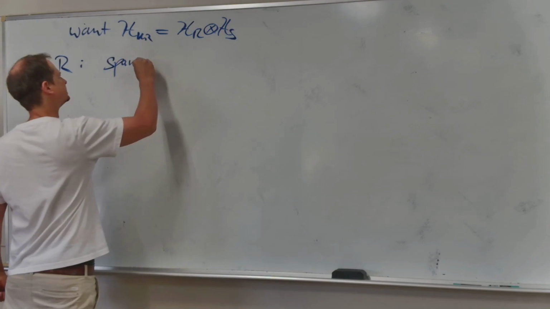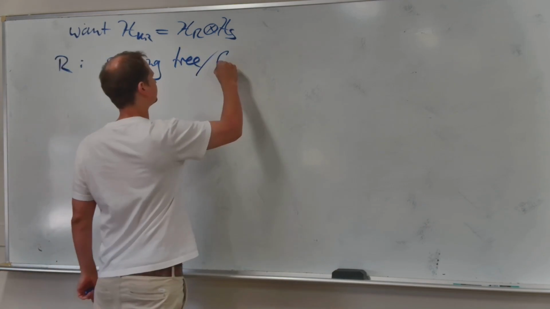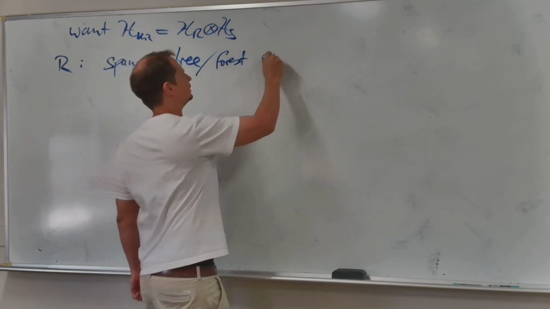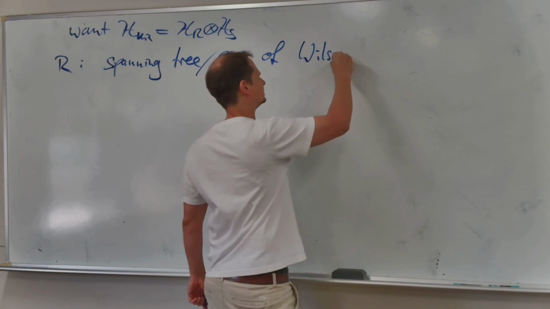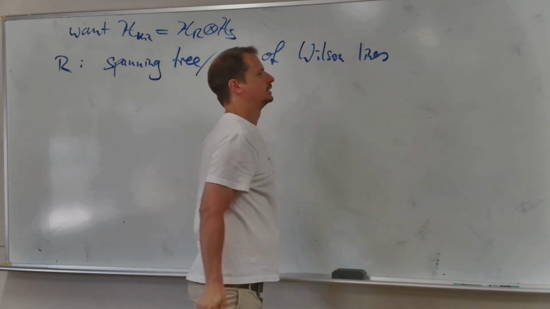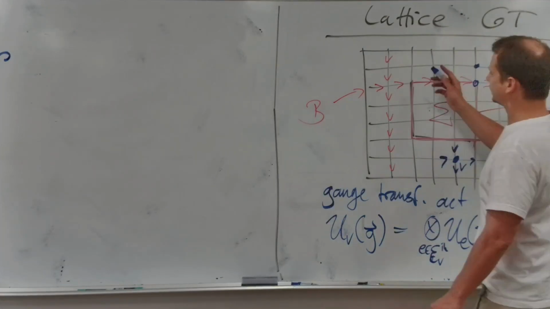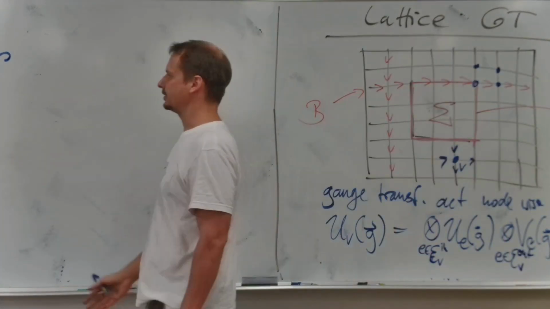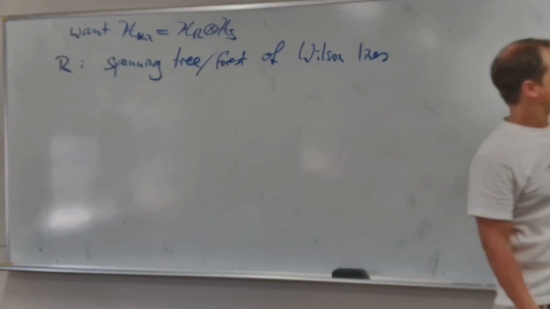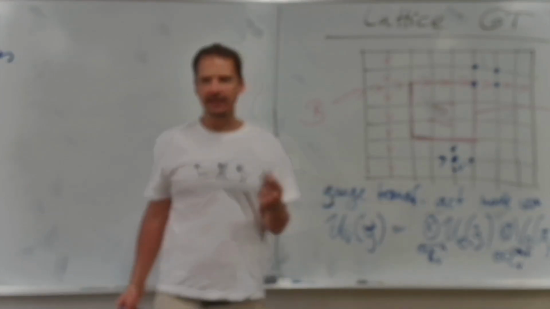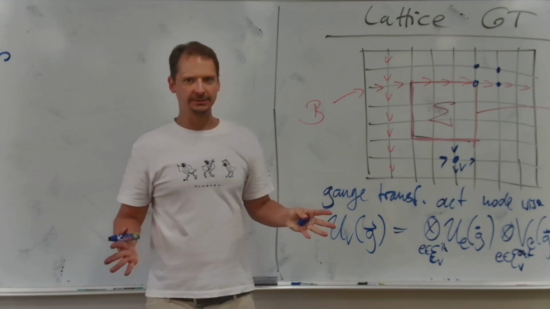spanning tree or forest really of Wilson lines for the full lattice. When I say spanning tree or spanning forest, I mean it in the graph theory sense, so I can have asymptotic boundary anchored Wilson lines, because here again we will assume that large gauge transformations are physical.